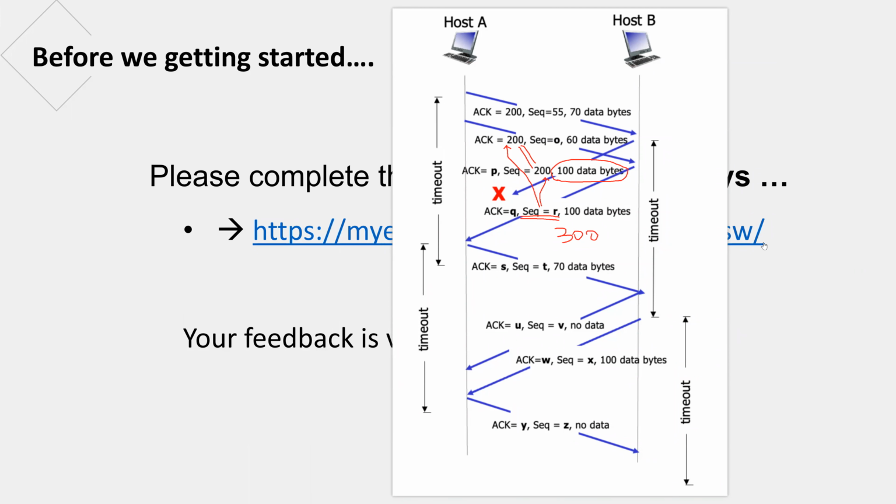So why is it 300? Let me see, but why was the sequence number of the response above equal to 200? So why is it not 200?